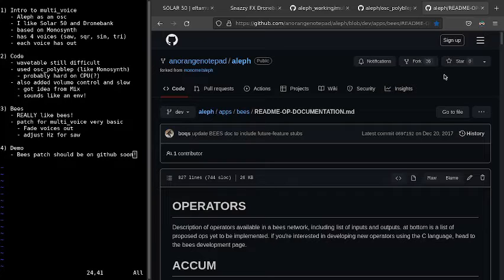I'm sure it is my favorite sort of control system for any synthesizer. It's just awesome. The UP documentation has been an incredibly helpful resource for thinking about the ways that ops work and could work together, and even though I'm still learning, and there are still many things about bees that I don't completely understand, I'm getting more familiar with it, and the more familiar I get with it, the more I really like it.